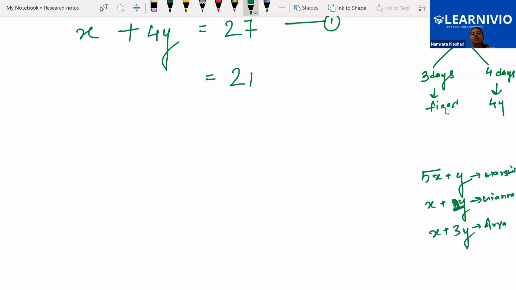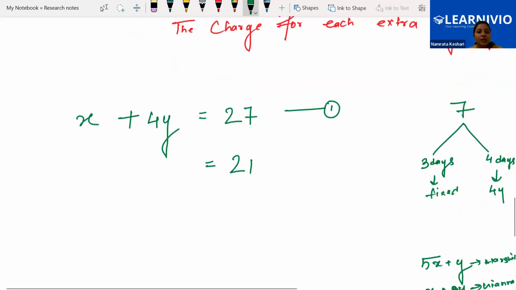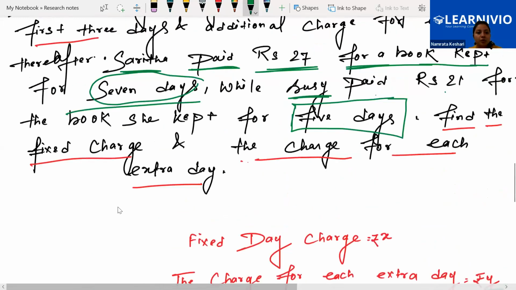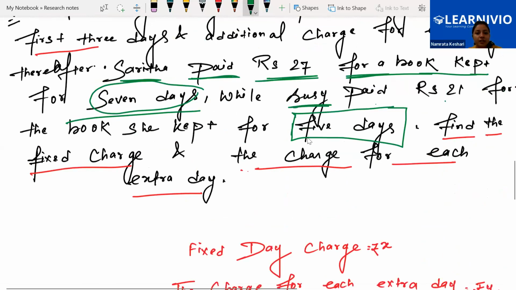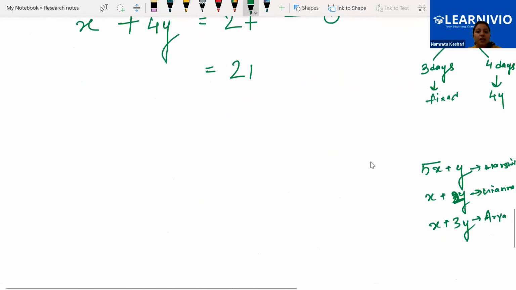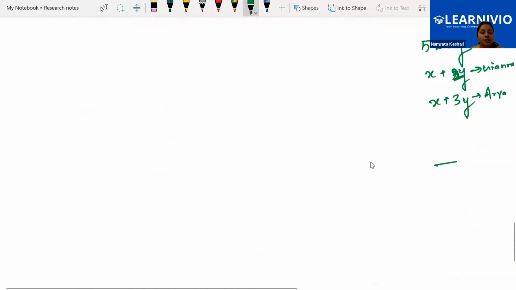Let's see which one will be there. So how many days is she keeping the book? For 5 days.